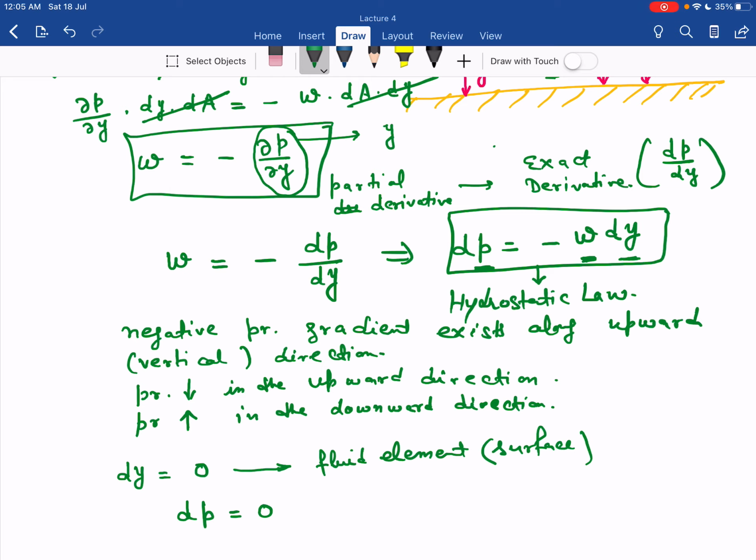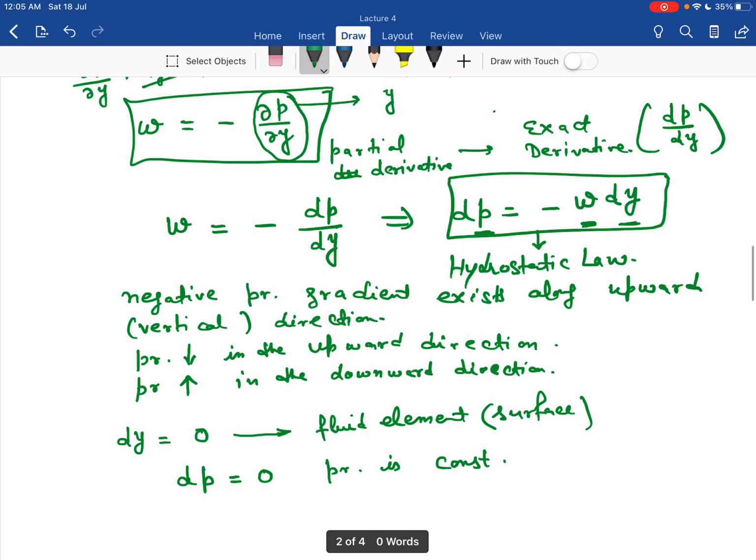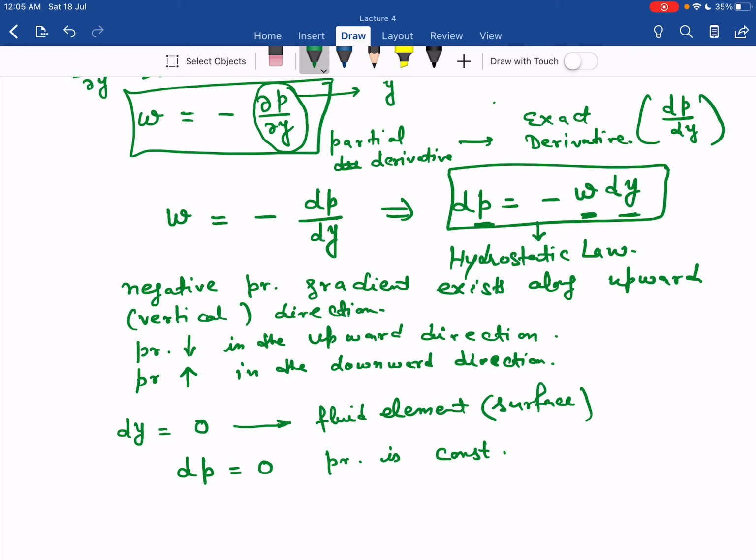So along the surface, pressure is constant. You can say the pressure is constant at the same level. These surfaces where the pressure remains constant along the horizontal directions, we call isobaric surfaces.